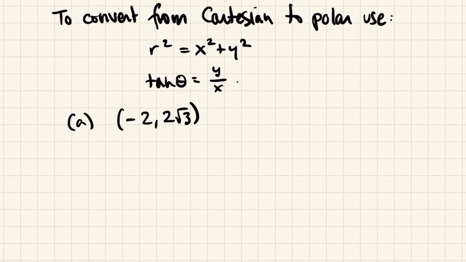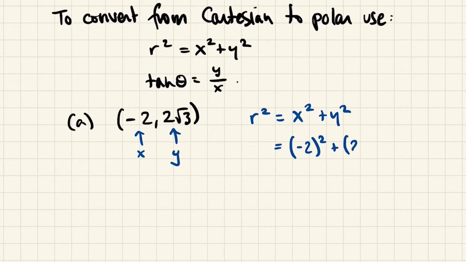That's x and y. We know that r squared is x squared plus y squared, which is negative 2 squared plus 2 root 3 squared. So that would be 4 plus 12, which is 16.